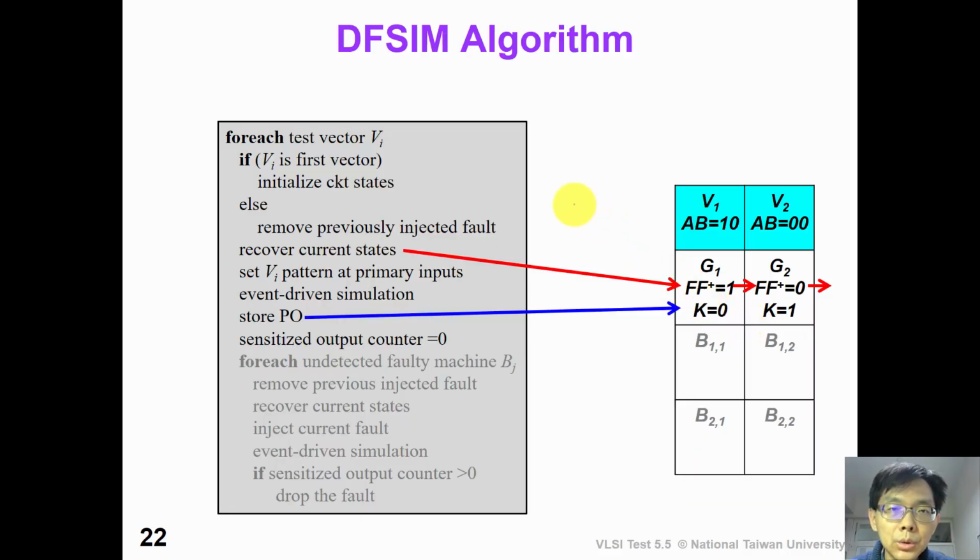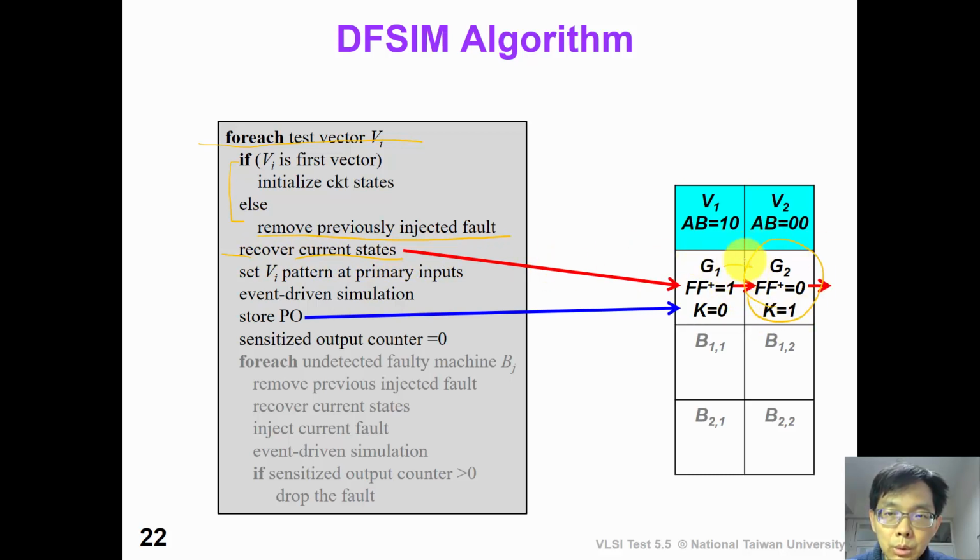Now let's show you the official differential fault simulation algorithm. For each test vector, if Vi is the first vector, we will initialize the circuit state. Else, we will remove the previously injected fault, and we will recover the current status from the previous good circuit.